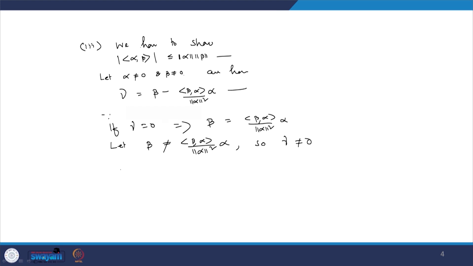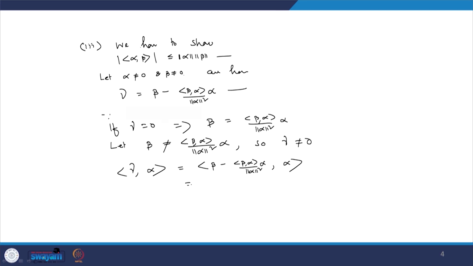Okay, we have the inner product of gamma and alpha, let me check that one. The inner product of gamma and alpha equals the inner product of beta minus beta alpha by alpha square into alpha, and alpha.